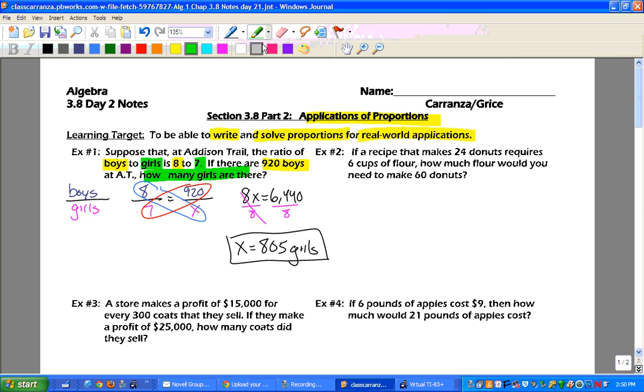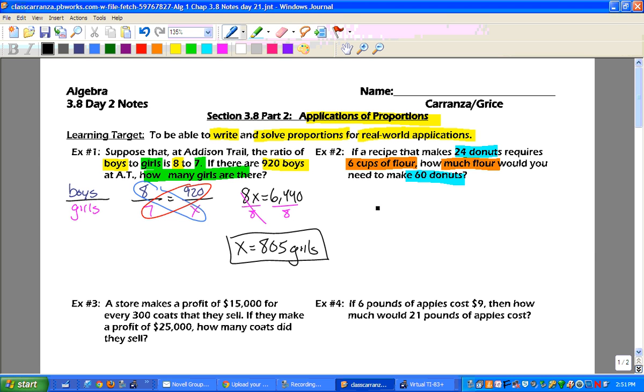All right, example number 2. The recipe you're making has 24 donuts and it requires 6 cups of flour. How much flour would you need to make 60 donuts?